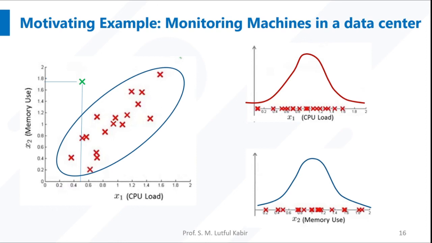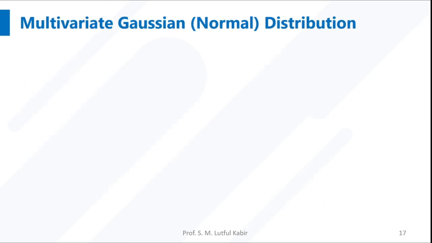So if I put these two points in the x1 diagram and x2 diagram, you will see the probability is not very low. That means the multiplication may not be below the epsilon. So if I could make a combined method, rather than computing the individual probabilities and then multiplying, the problem may be solved.